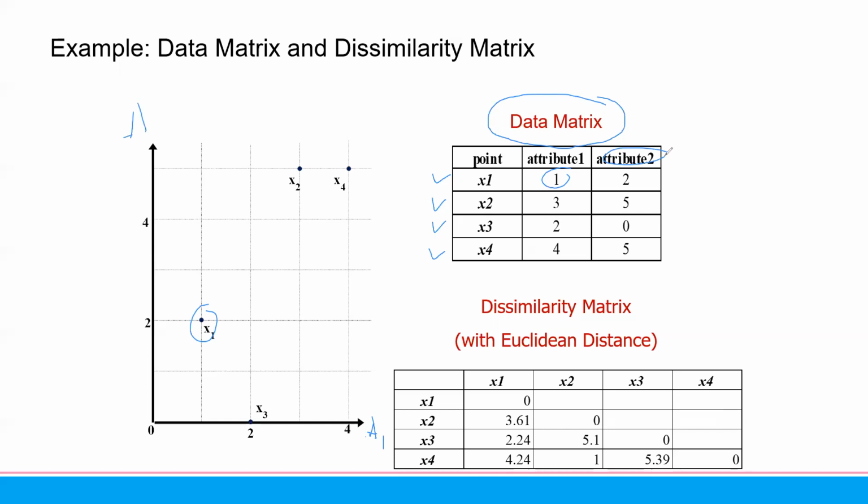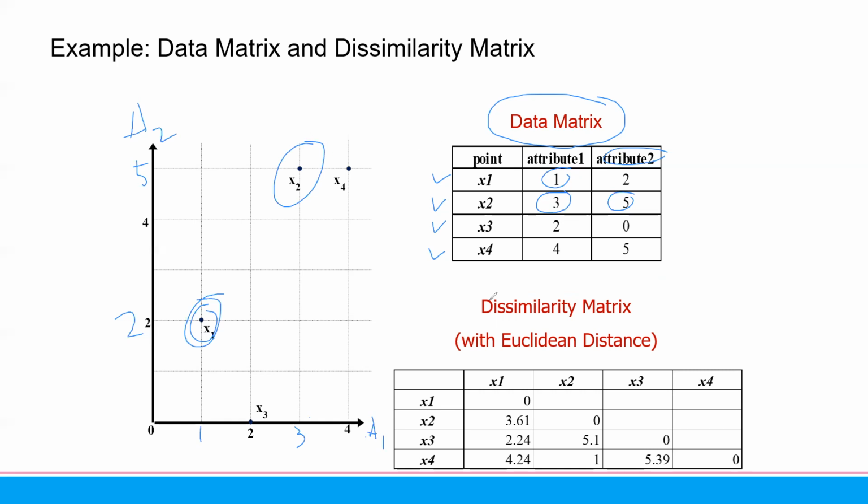For x1, attribute 1 is 1 and attribute 2 is 2. For x2, attribute 1 is 3 and attribute 2 is 5, and so on.